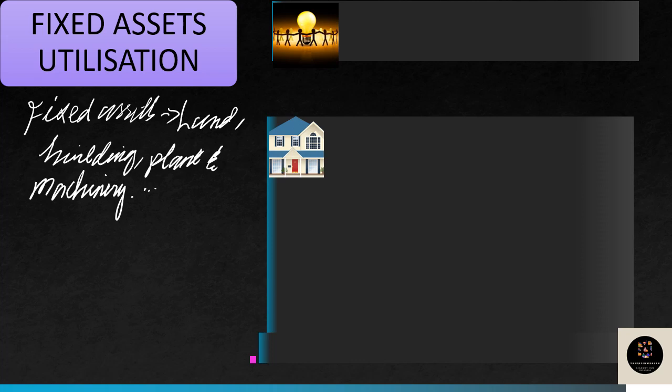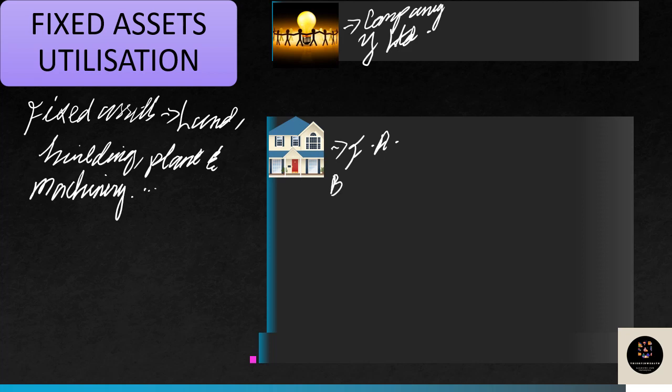For instance, let's take a look at this. Suppose this is a company. Let's put the name Y Limited Company. So these are fixed assets. Let me write in the short form, fixed assets. So this is a building.